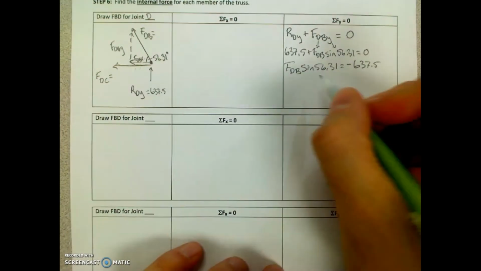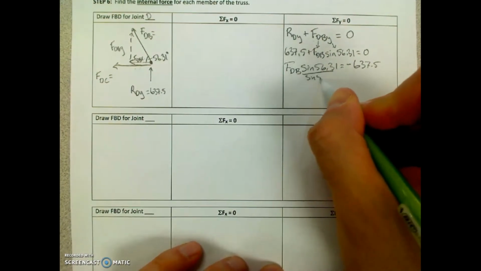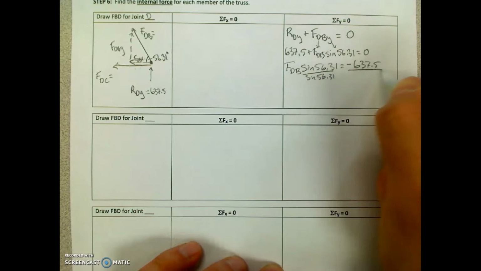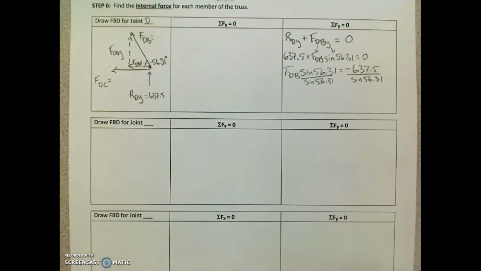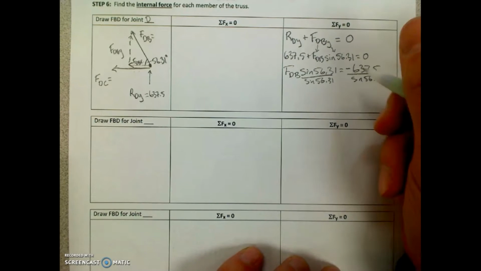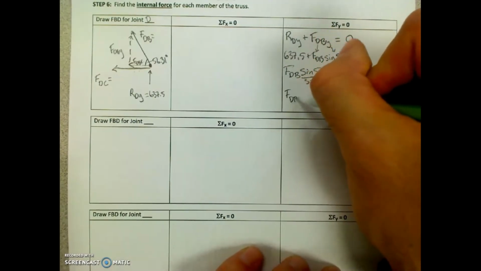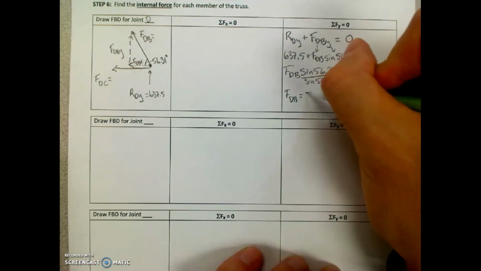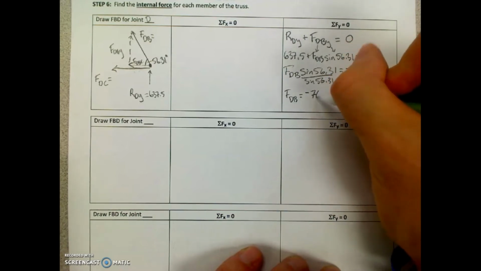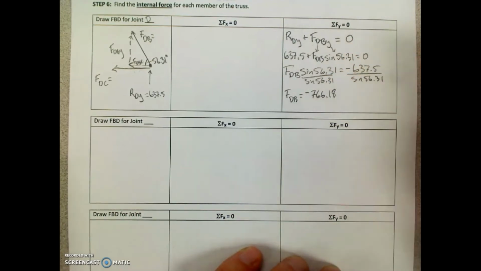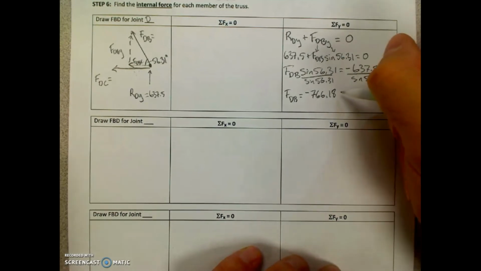And then my last step would be to divide everything by sine 56.31 over sine 56.31, and then use my fancy calculator to figure that out, because I know it sounds crazy, but I can't do that in my head. So I come up with FDB is equal to a negative 766.1, and I'm going to round it to 766.18 pounds.